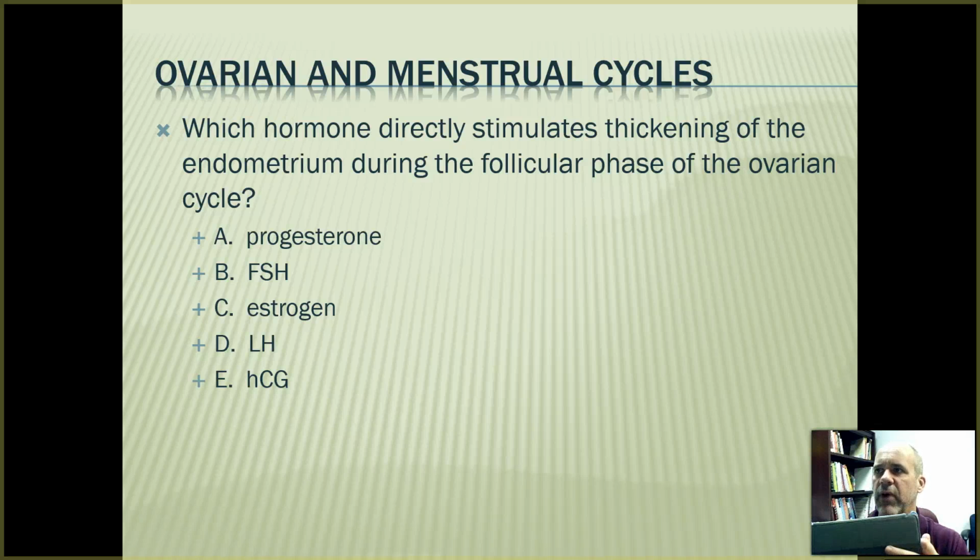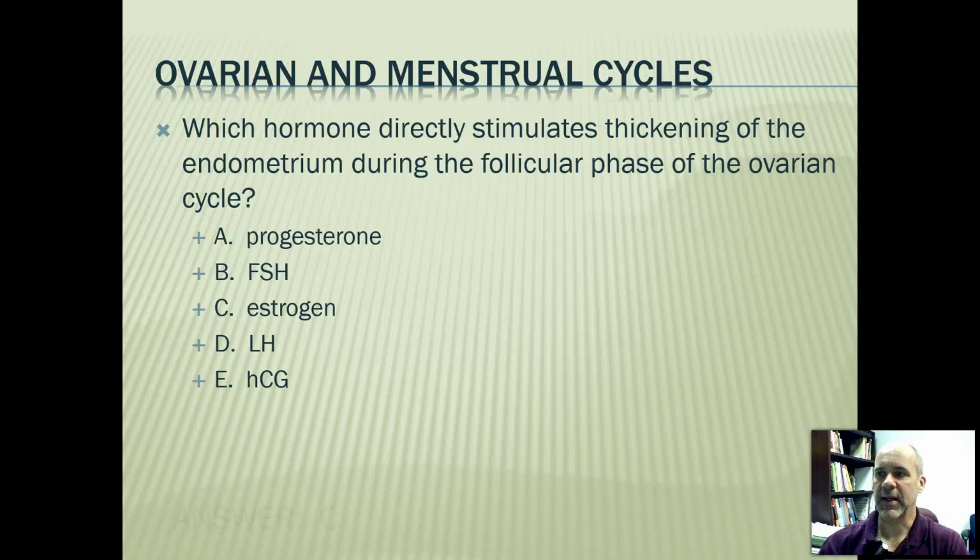All right, which hormone directly stimulates thickening of the endometrium during the follicular phase of the ovarian cycle? So the key thing there is follicular phase. Which hormone during that first half of the ovarian cycle is stimulating this thickening to start taking place along the inside of the uterus?